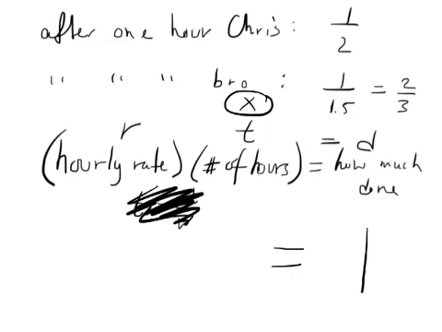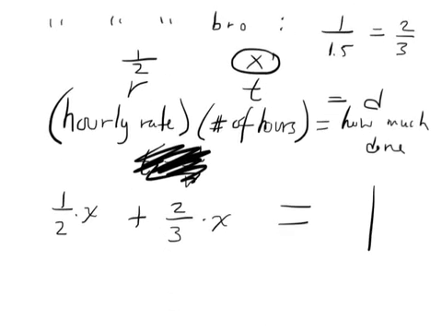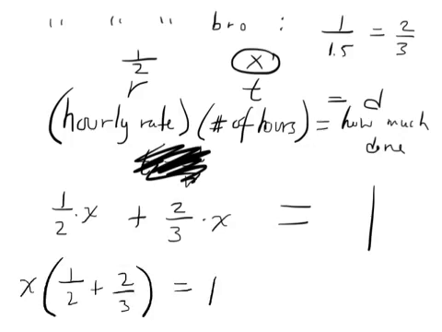The rate that Chris is working at is 1/2, so this becomes 1/2 times x, plus his brother's rate, which is 2/3 times x. Which is why Chris pulled out the x and said instead, which makes perfect sense, 1/2 plus 2/3 like that, and took out the x in front. That's what this kind of problem is.